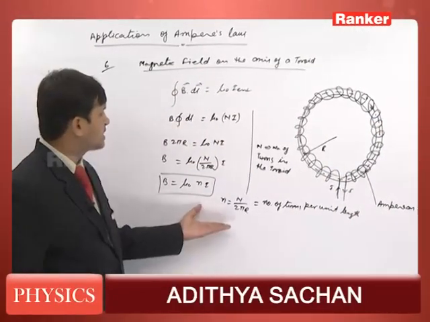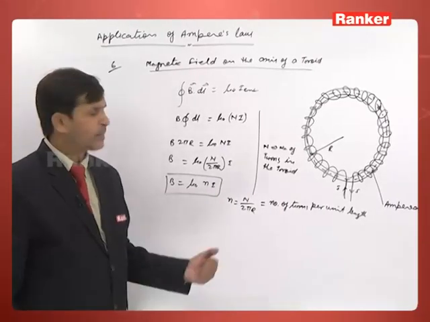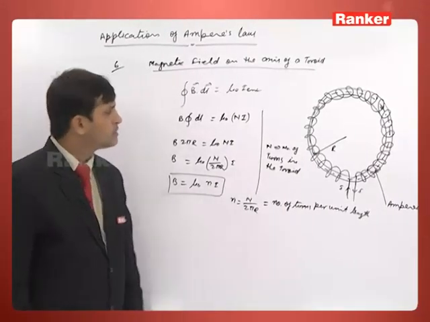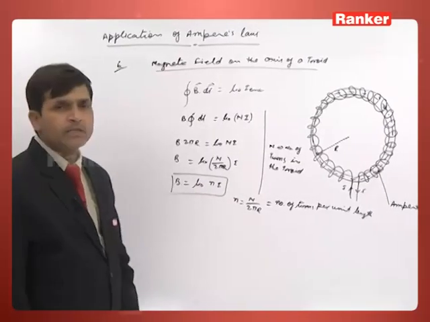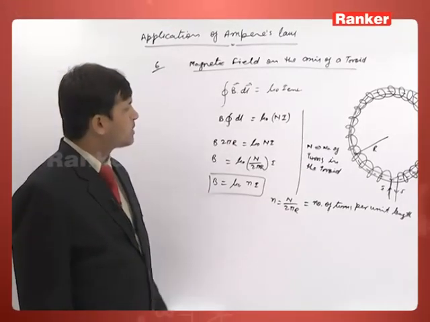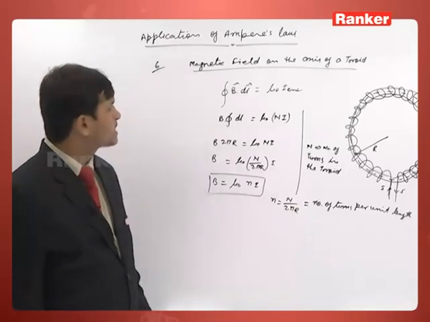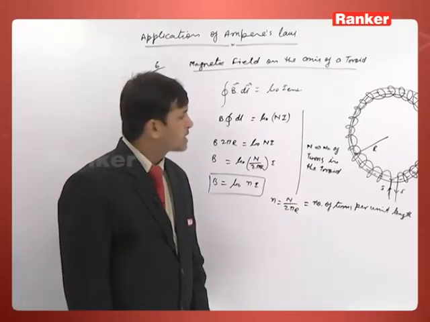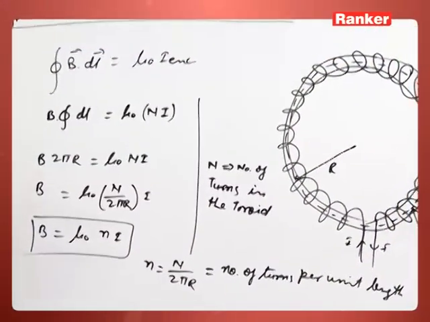In this manner we can express the field on the axis of a toroid. So these are a few applications of Ampere's law, and by using Ampere's law it is easy to calculate the magnetic field at a highly symmetrical location. Highly symmetrical location means the current distribution about that point is symmetrically distributed.